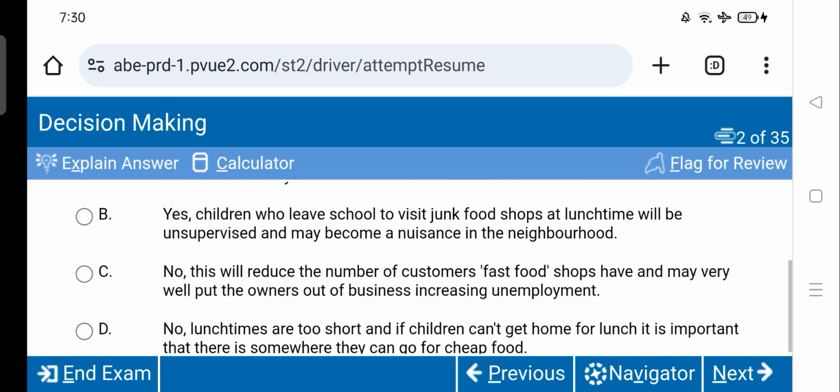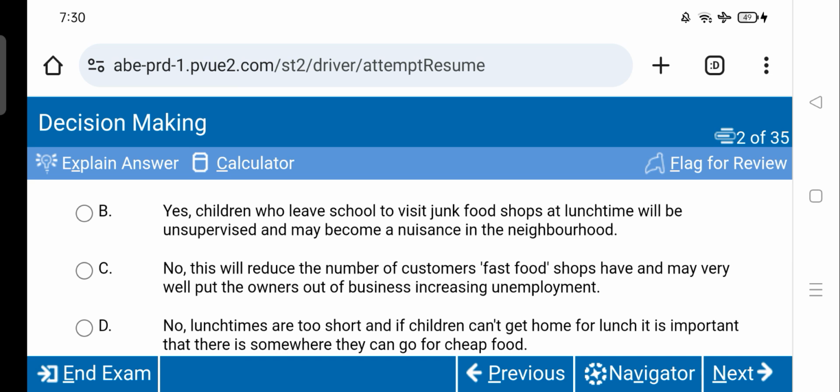Option C, no, this will reduce the number of customers fast food shops have and may very well put the owners out of business, increasing unemployment. Option D, no, lunch times are too short, and if children can't get home for lunch, it is important that there is somewhere they can go for cheap food.